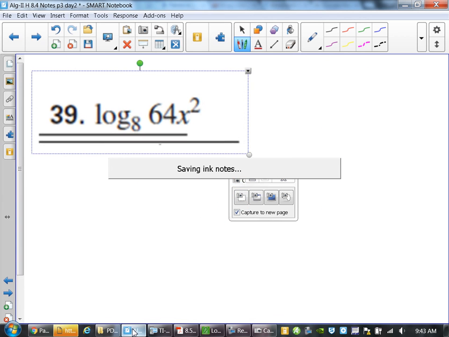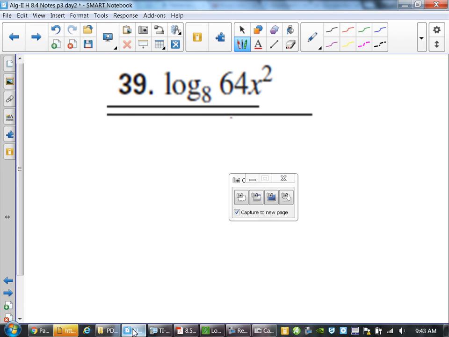What I want to do is expand this. I'm going to rewrite this in terms of multiple logarithms, because then you might see you can simplify things like that.